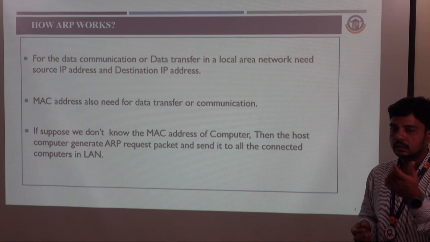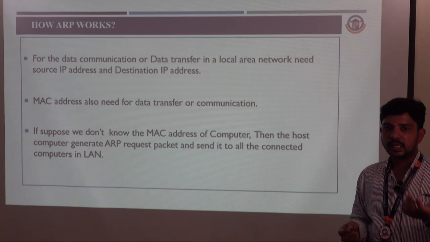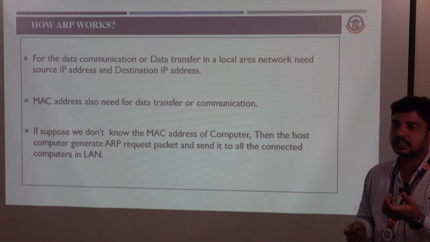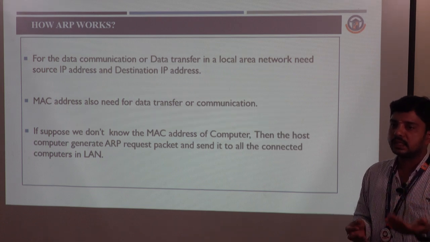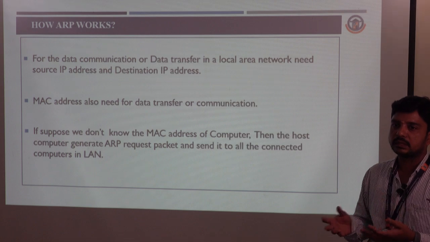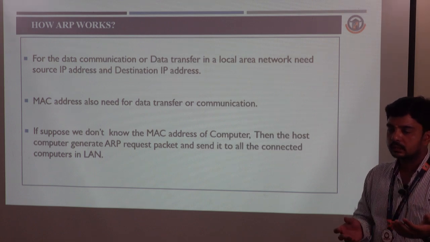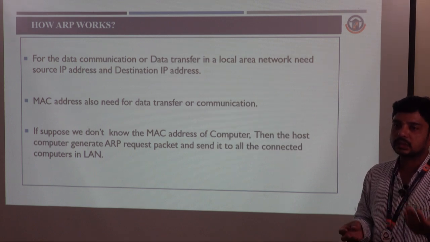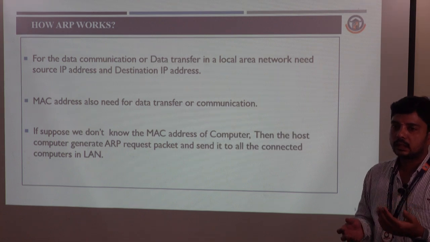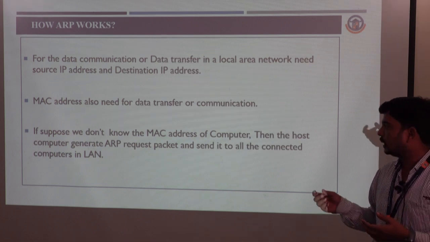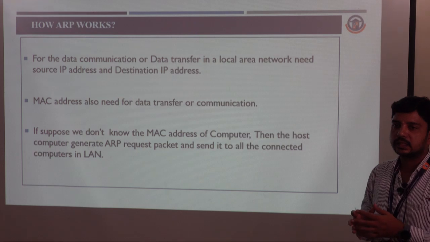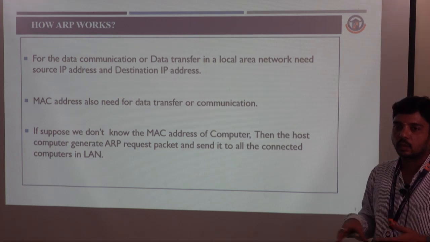In the ARP request packet, computer A is asking who has IP 102. For example, if the source computer wants to communicate with the destination computer, it asks for the MAC address of the destination, that is, computer A is asking who is IP 102. The ARP request packet is sent to all the computers connected in the local area network.